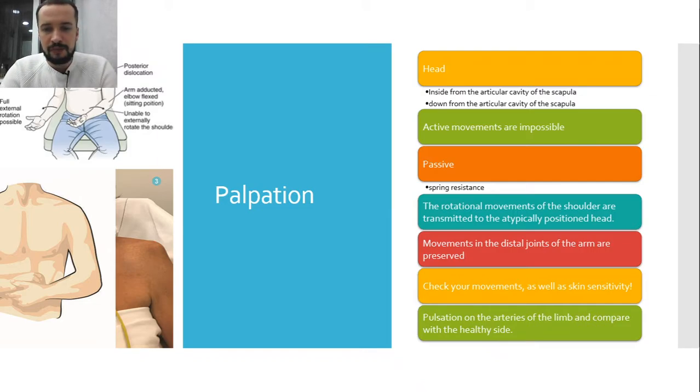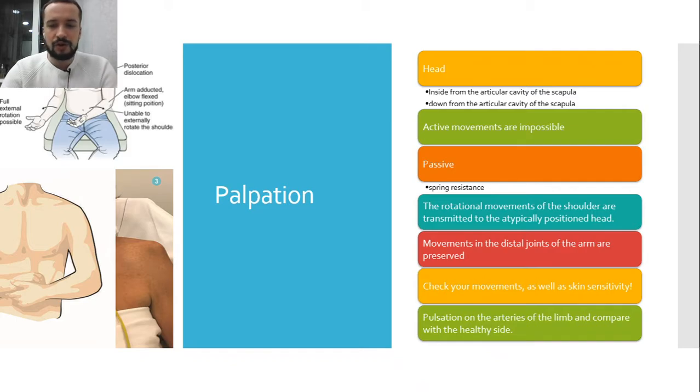Active movements are impossible, and an attempt to perform passive ones reveals a positive symptom of spring resistance. The rotational movements of the shoulder are transmitted to the atypically positioned head. Palpation and determining the motor function of the shoulder joint cause pain.